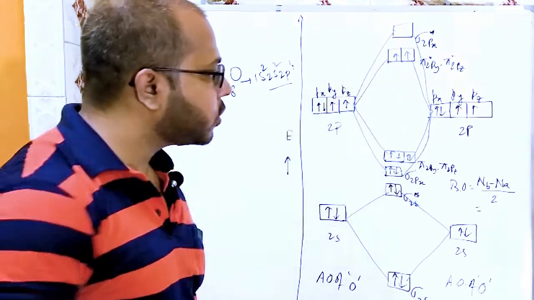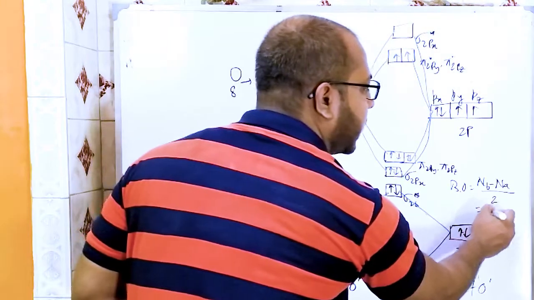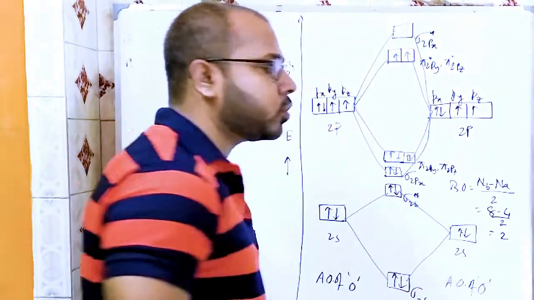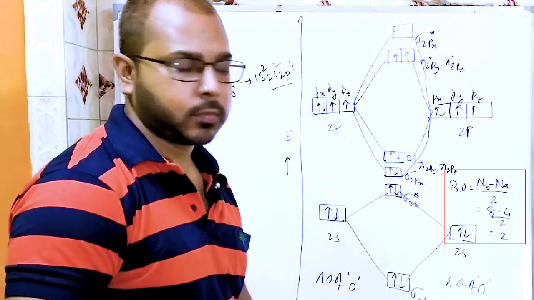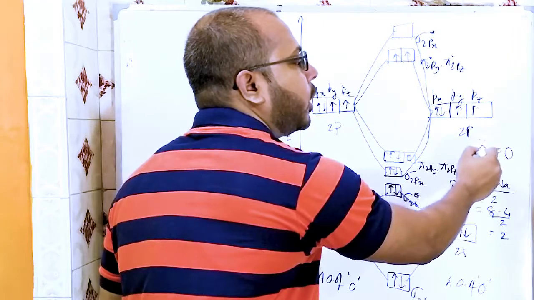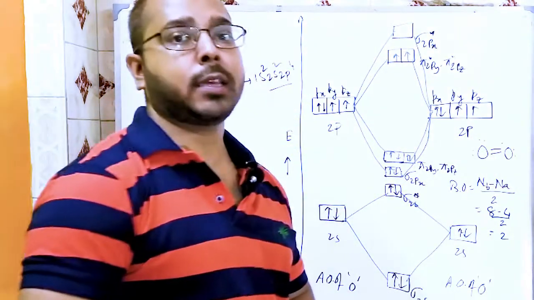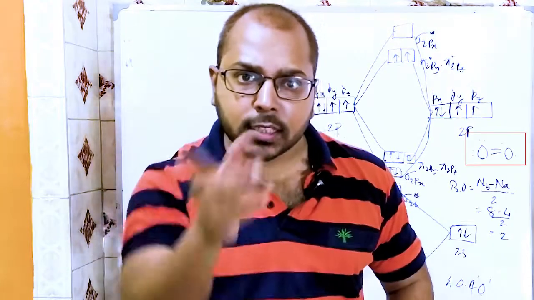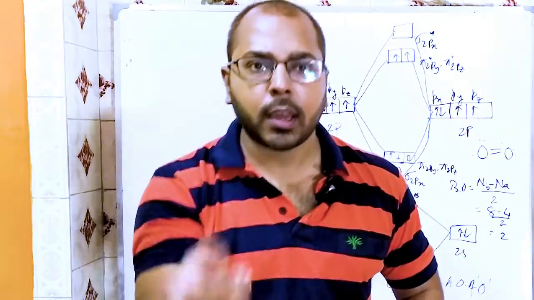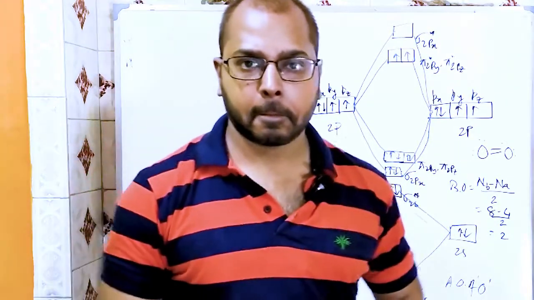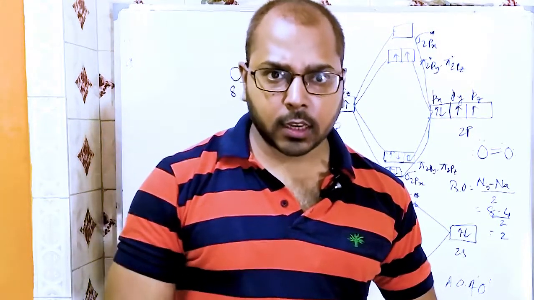Got it? So now it becomes 8 minus 4 by 2, so the answer is 2. And thereby the oxygen molecule has bond multiplicity 2. 2 bonds are there, one is sigma, another is pi, and the remaining portion is lone pair. I hope it is clear.